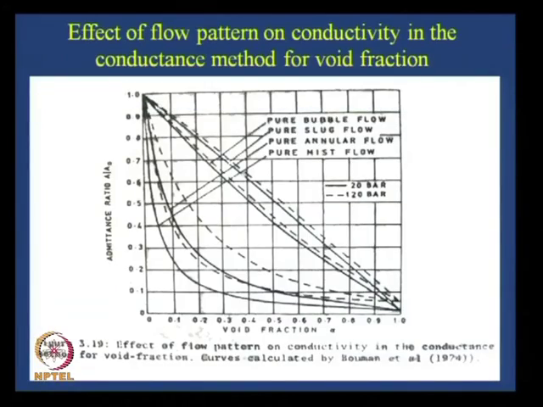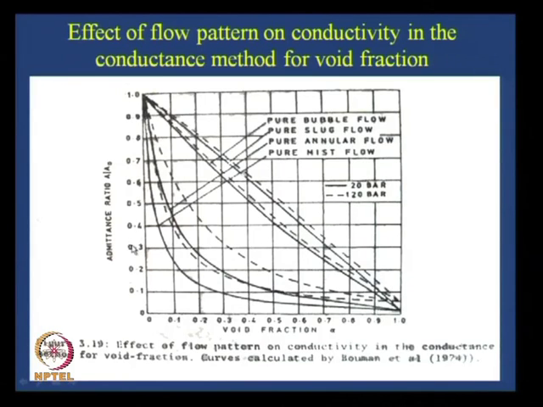Okay. Now, this particular figure is going to show you the effect of flow pattern on conductivity. From here you can very well see that even for the same void fraction, or even for the same admittance ratio, if we have bubbly flow, we have one void fraction, if we have annular flow, we get another void fraction.